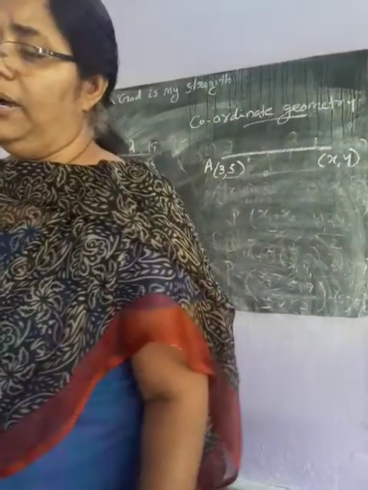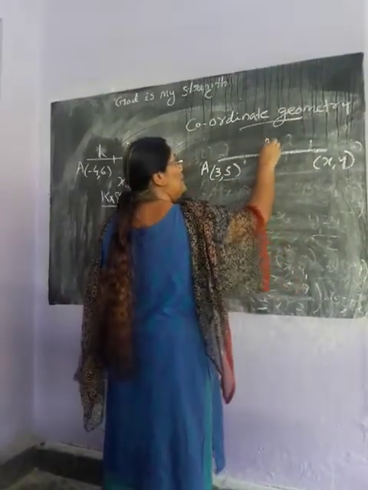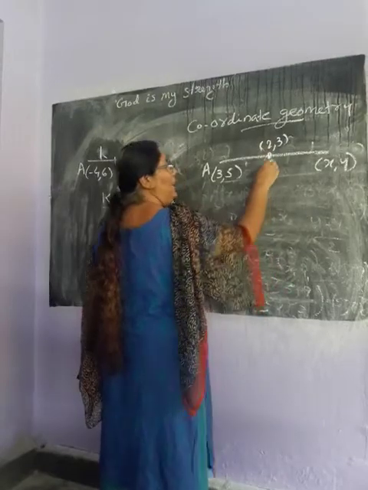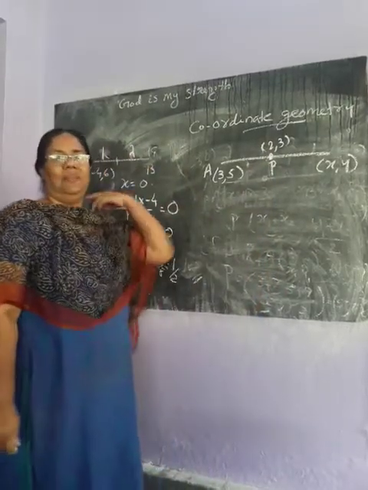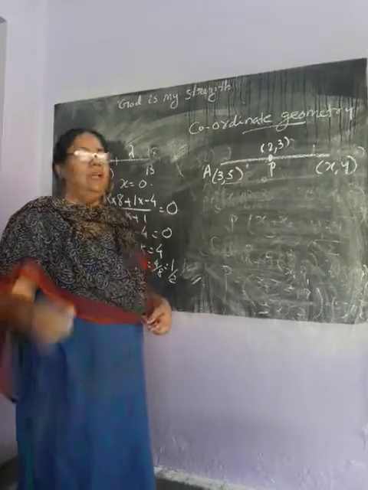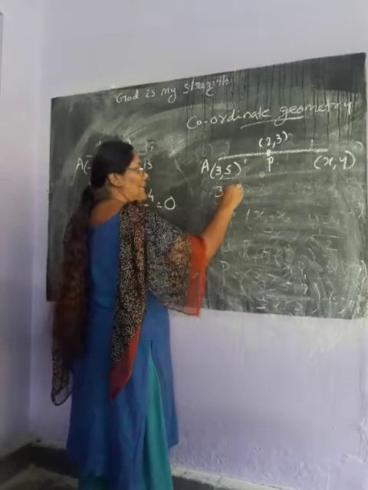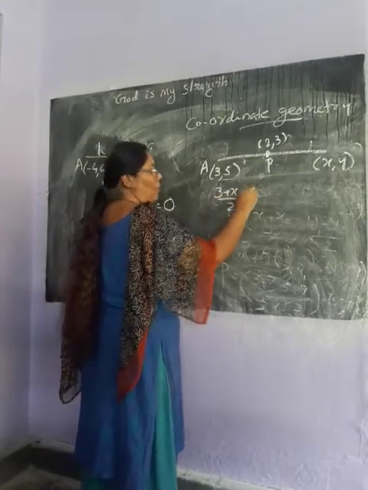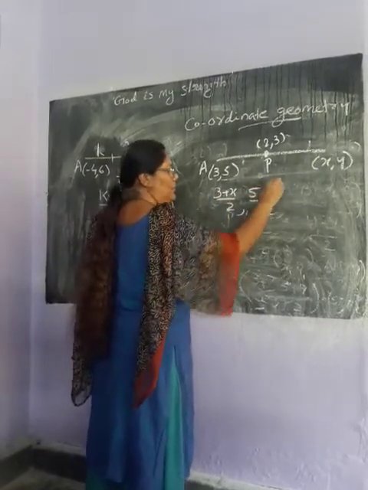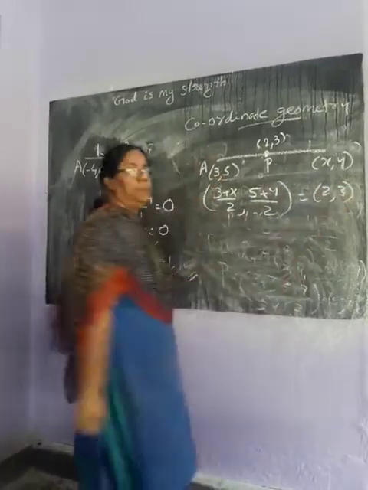The midpoint P is 2, 3. Now the answer is given; find the other end. What is the midpoint formula? 3 plus x by 2, comma, 5 plus y by 2. That is equal to the answer 2, 3.